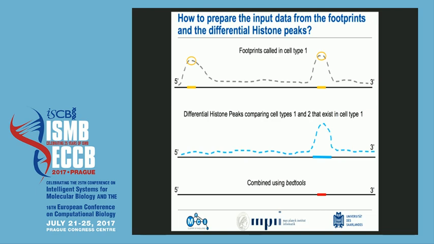Then you can do differential p-calls, regions where one cell type compared to the other really has something changing. If you overlay the two, then you're concentrating on accessible regions, at least in one of the cell types, that seem to be important for making the difference between them. So this is one of the steps in the tutorial, and you can think of this as the input.